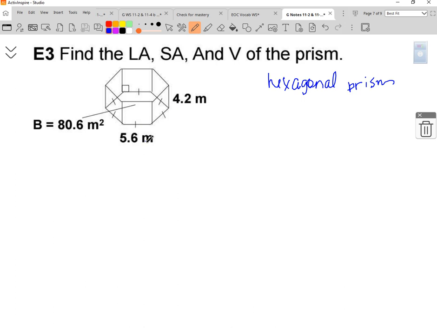Now, it gives you these dimensions, 5.6 and 4.2. 4.2 is the distance between the bases. So let's go ahead and make sure we know what all the dimensions are. That's the height of the prism. And you'll notice they're all marked congruent. This is the side length of all the sides of the base. We're finding the lateral area, the perimeter of the base times the height.